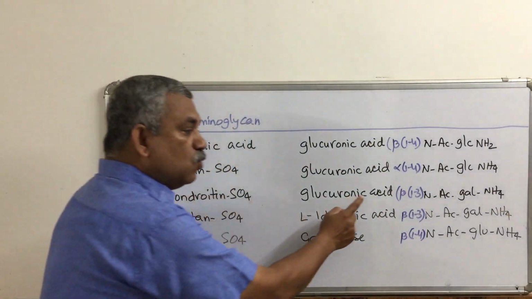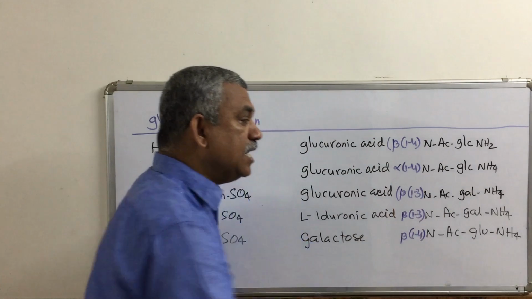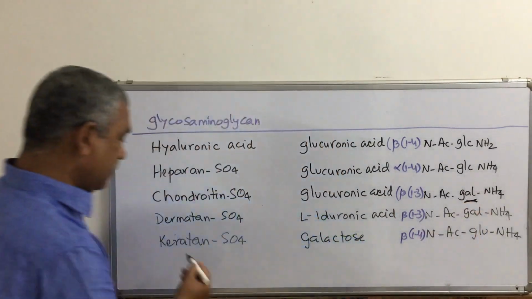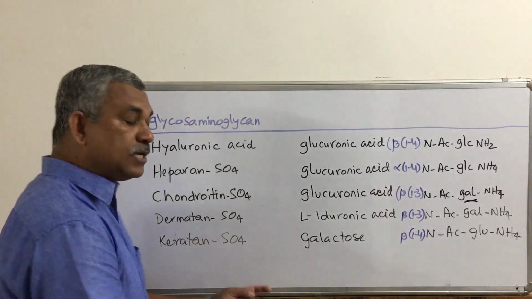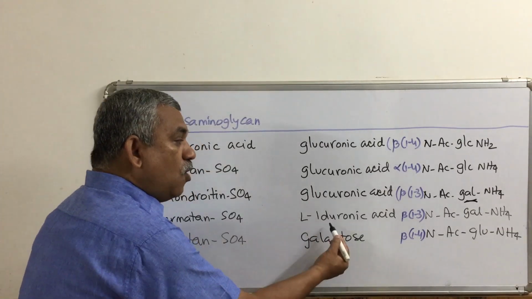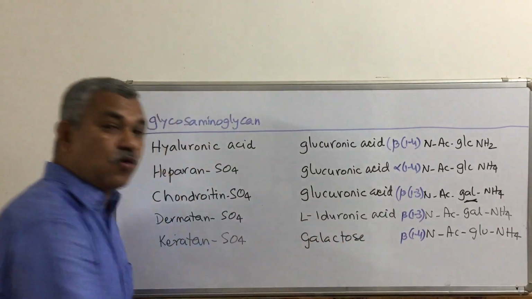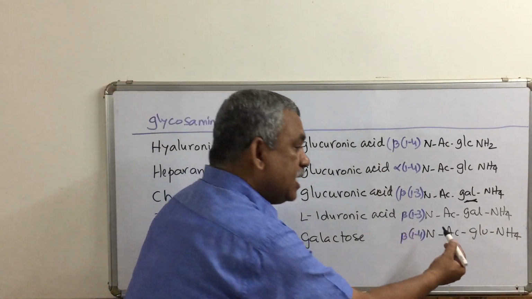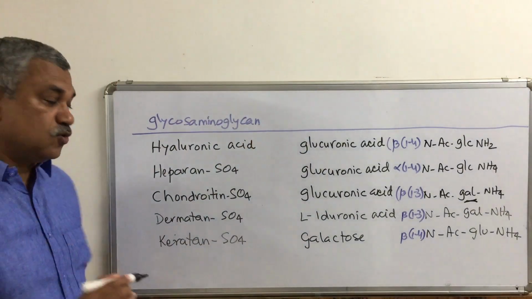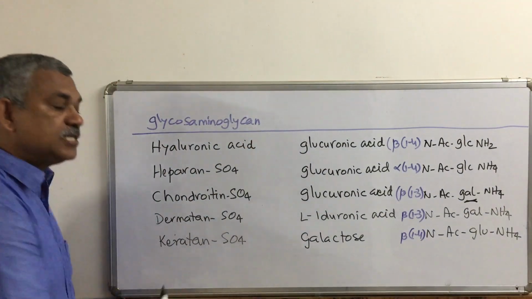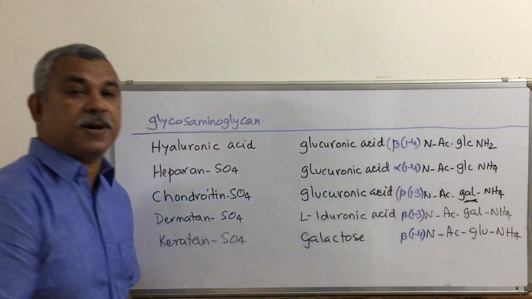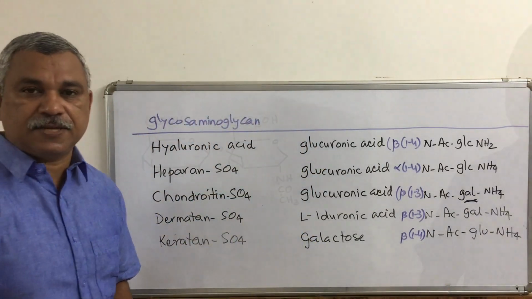Chondroitin sulfate has glucuronic acid beta-1,3 linked with N-acetyl galactosamine. That is to be noted. Dermatan sulfate has another form of glucuronic acid, iduronic acid, with a beta-1,3 linkage with N-acetyl galactosamine, and finally keratan sulfate has galactose linked with N-acetyl glucosamine by a beta-1,4 linkage.